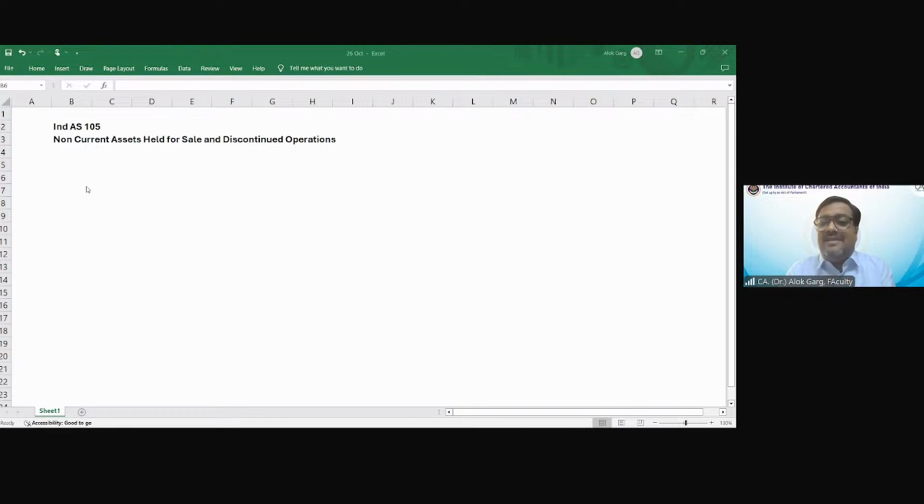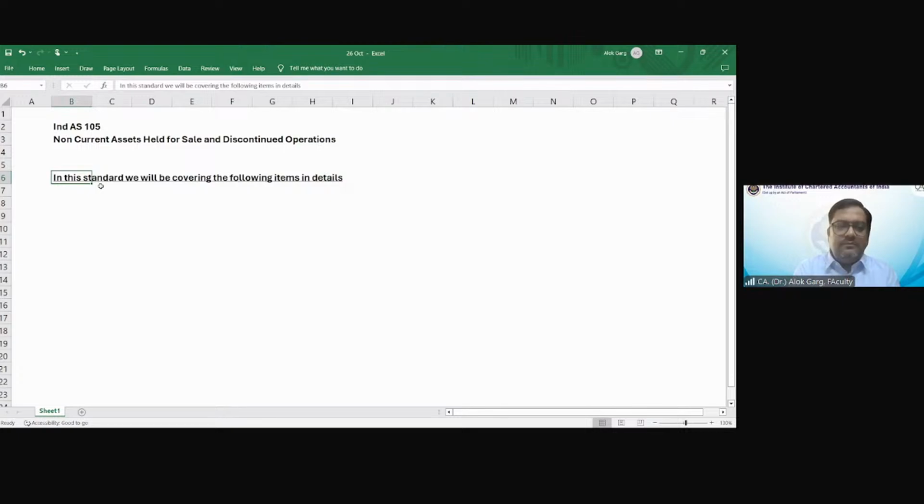Okay. So friends, in this standard, we will be covering the following items in detail. Number one, we will be covering individual asset held for sale, right?